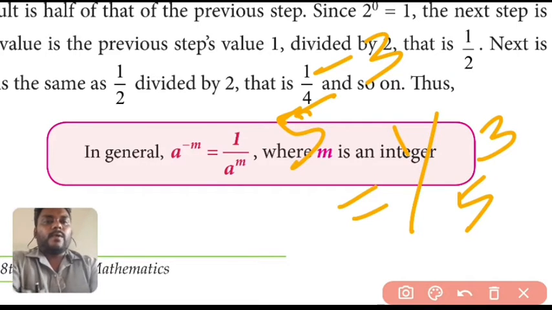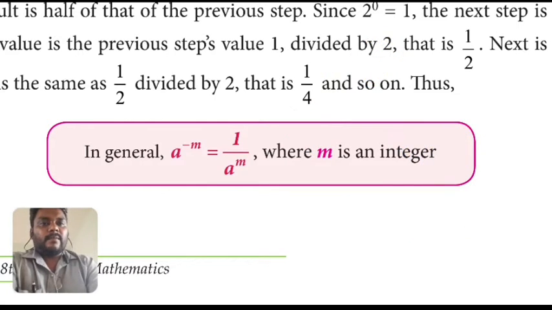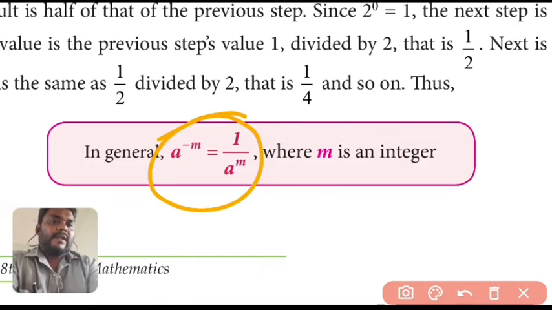When we take the reciprocal of the number, the power becomes positive. This is the important formula: a power minus m equals 1 by a power m, where m is an integer.